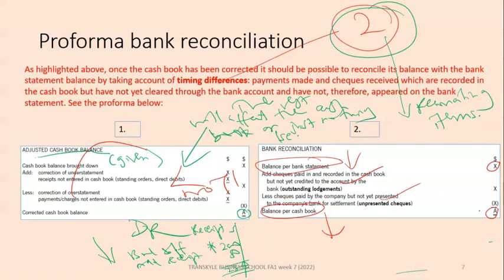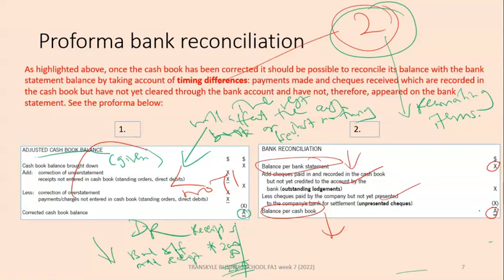So: balance per bank statement, add outstanding lodgement, then less checks paid but not yet presented to the Commerce Bank for settlement. We have also recorded these payments in our cash book, so we have to deduct them from the balance per bank statement so that we arrive at the balance per cash book.